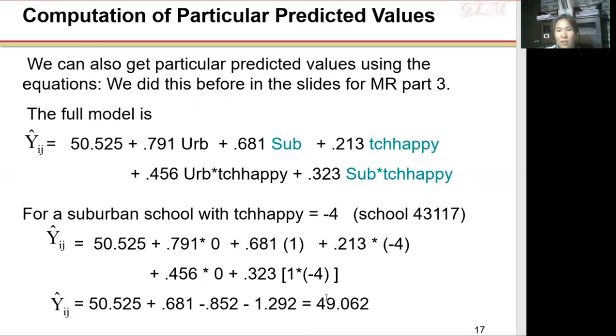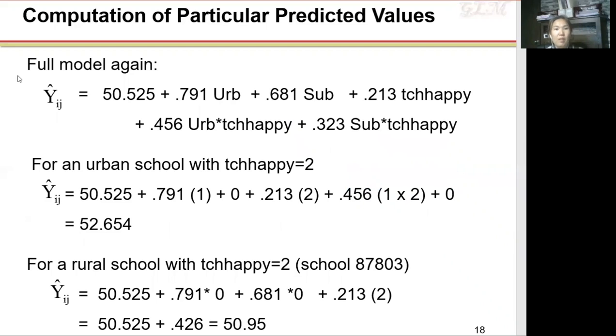Then you get this estimated Y. Full model again. In this full model, for an urban school with teacher happiness equal to 2, you plug 2 here. Then you have the estimated Y score like this.